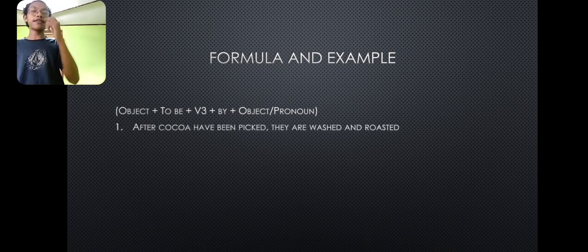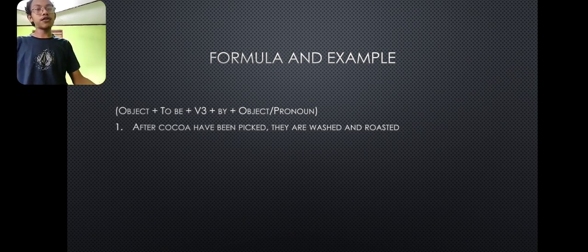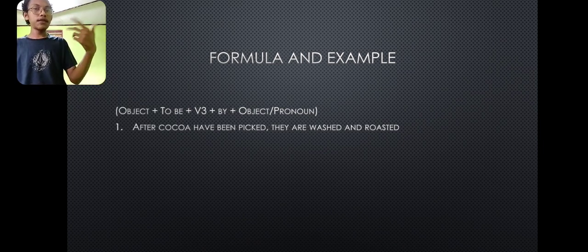Now, here's the example. As I mentioned earlier, we're talking about the process of an object. After the cocoa has been picked, it is washed and roasted. Jadi setelah cocoa dipetik, dia dibersihkan, dicuci, kemudian dibakar, roast, right?